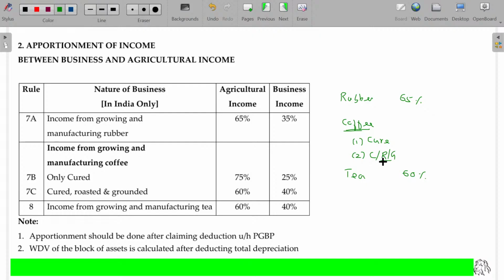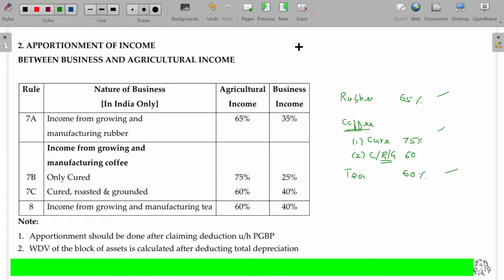Here, roasting and grinding requires a machine. Curing requires no machine. If you are curing and selling, we assume 75% is agricultural. Curing, roasting and grinding, then 60% will be considered as agricultural. So the numbers are very simple: 60, 65, 75.